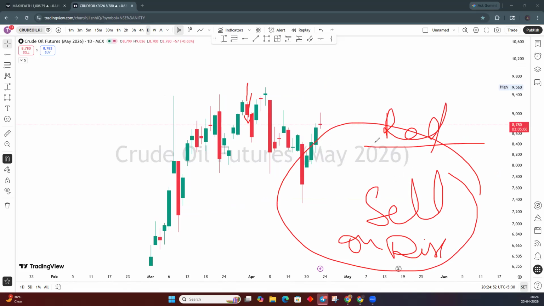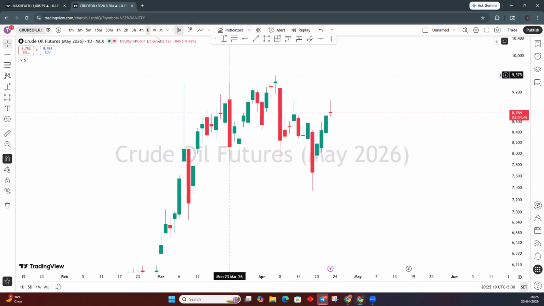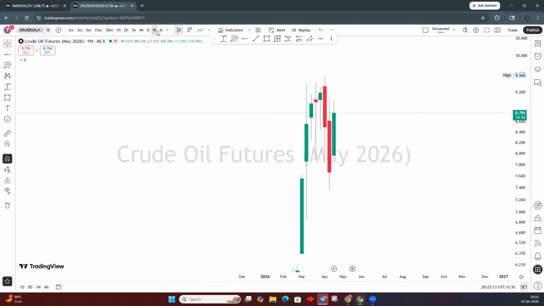Today it has closed red, so it will be sell on rise. Suppose tomorrow it closes green, so it will be buy on dip. So always wait for the market to close and follow the previous day's trend only. Even the weekly trend you can follow.